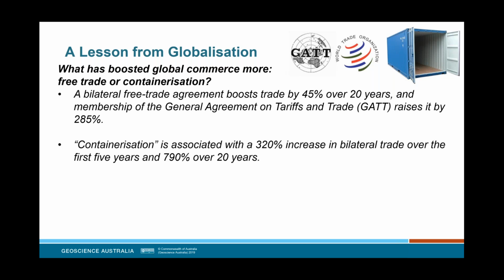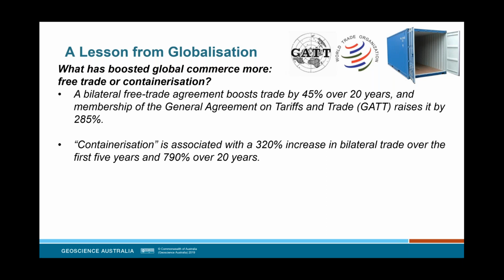But we still had a problem, which is that things were being shipped in a very ad hoc way, until the advent of containerization. When containers were brought onto the scene, there was an instant 320% increase in bilateral trade, because goods could be moved in a much more efficient way.